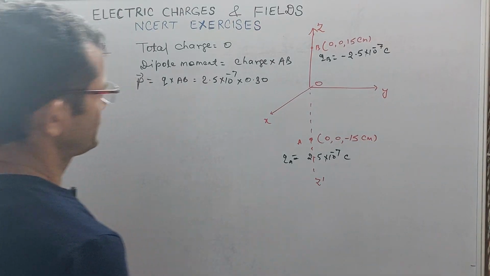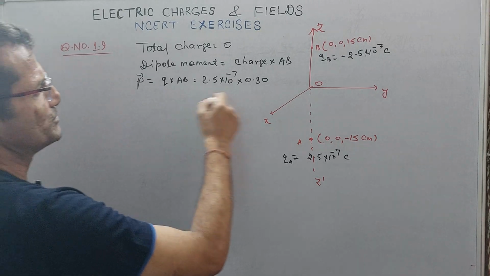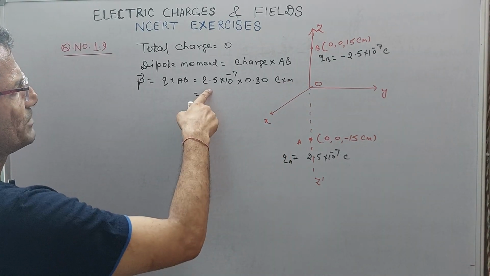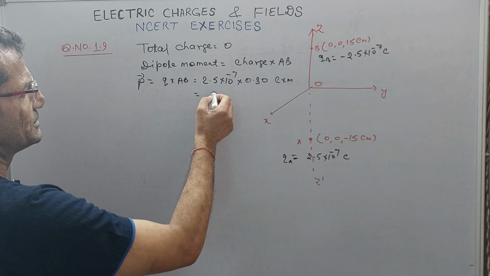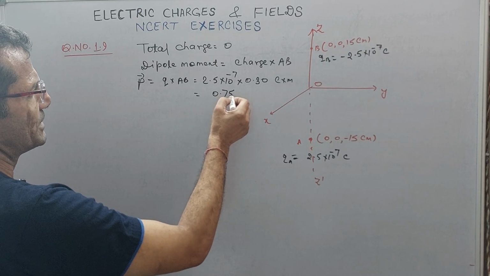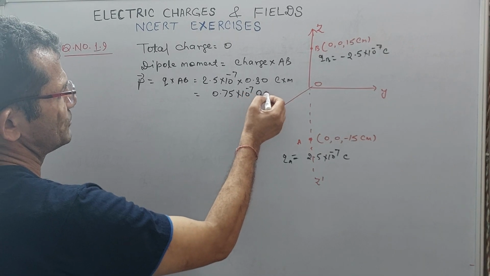So now the dipole moment magnitude, unit coulomb into meter. Simplifying 2.5 into 0.3, we get 0.75, that is 0.75 into 10 raised to minus 7 coulomb meter.